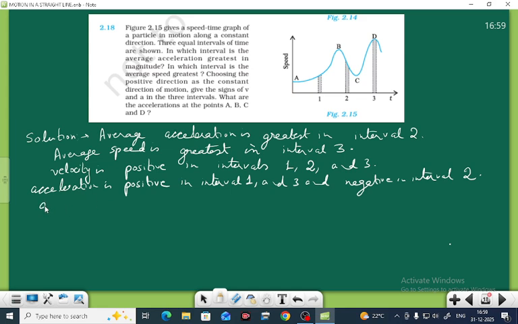Acceleration is 0, acceleration equal to 0 at A, B, C and D.